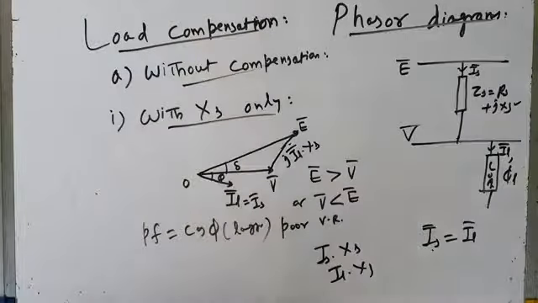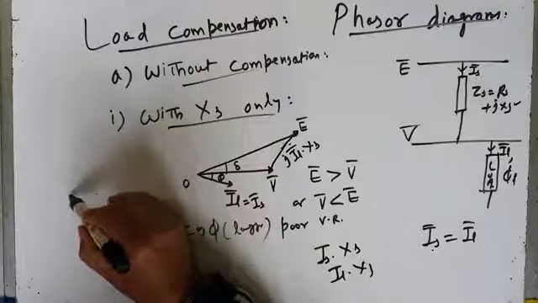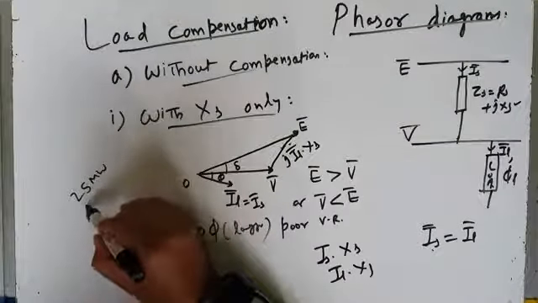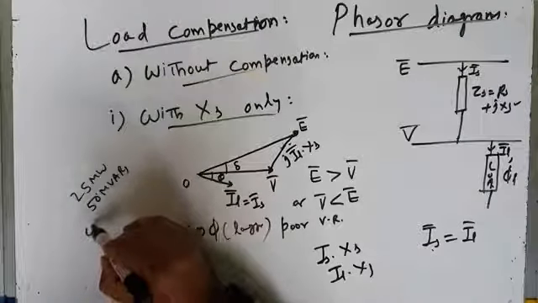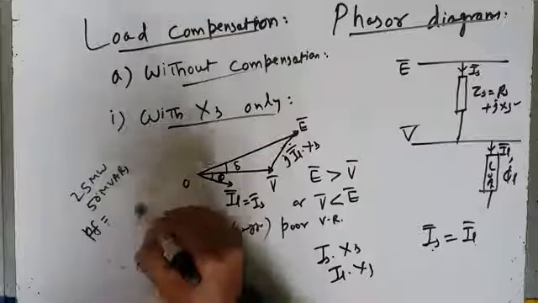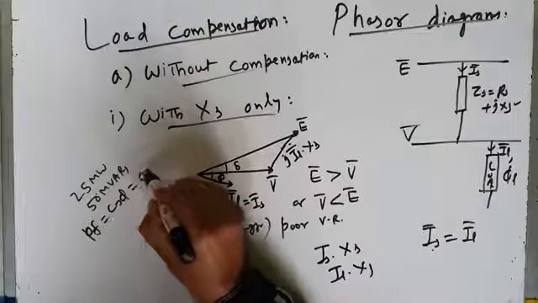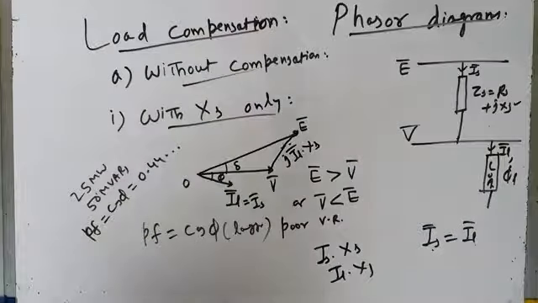Like in the previous example in the last lecture, which we solved, the load active power was 50 megawatts and the load was drawing a maximum reactive power of 50 megawatts. If you remember, we calculated the load power factor, which is the same as the source power factor, cos phi. That was only 0.44, a very poor power factor.